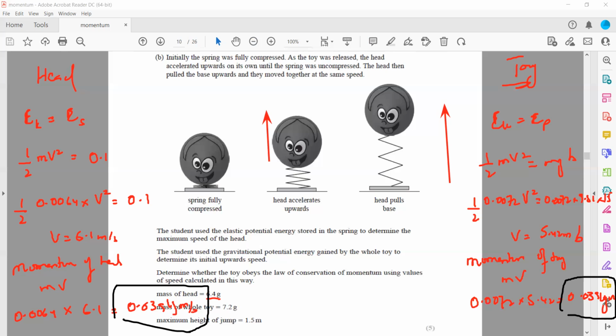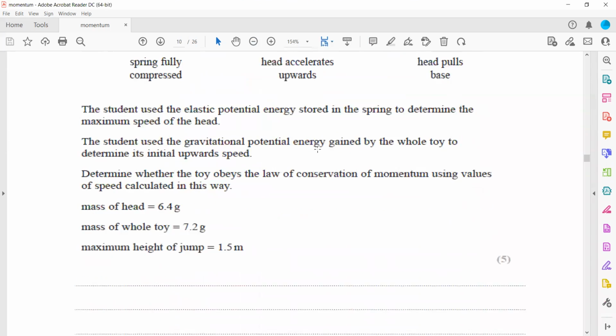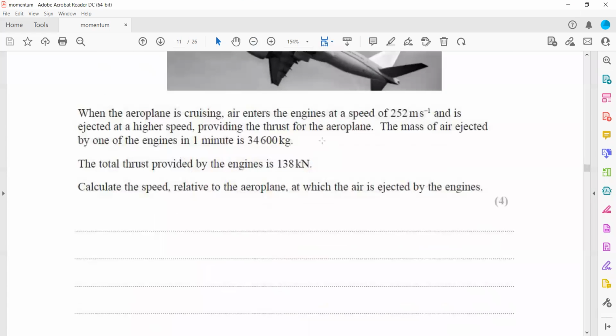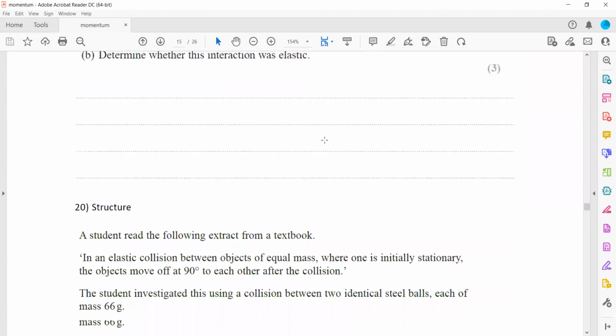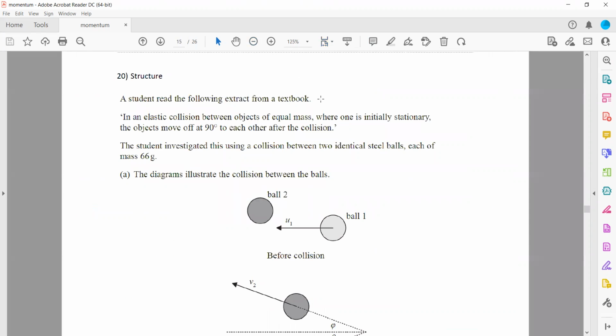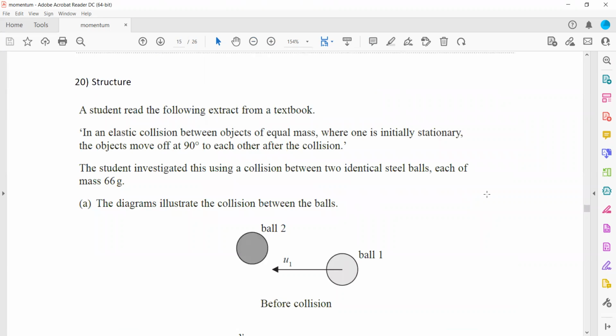Then next is question 20B. In question 20, a student read the following extract from a book: in an elastic collision between objects of equal masses, where one is initially stationary, the objects move off at 90 degrees to each other after the collision. The student investigated this using the collision of two identical balls, each of mass 66 gram.